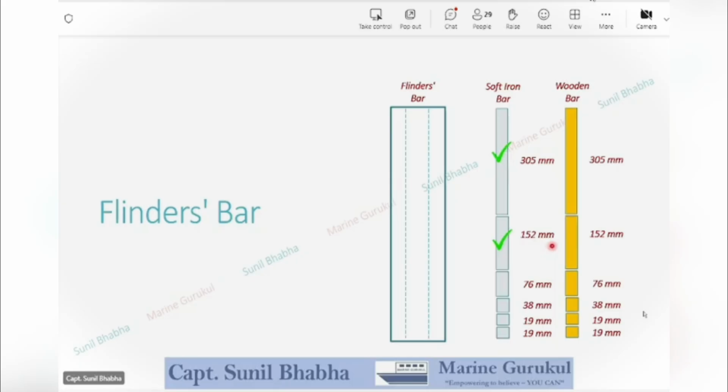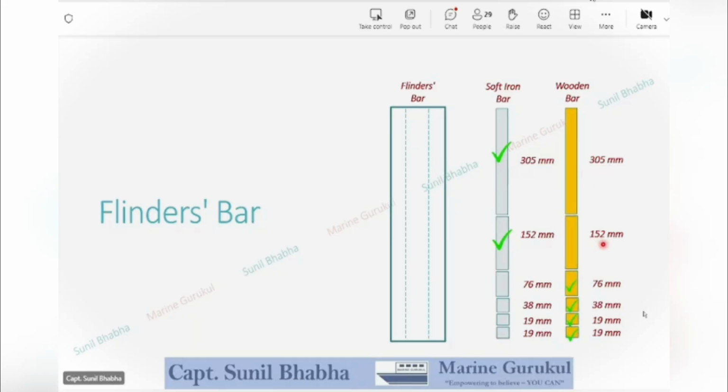What he does now is, leaving these two pieces, 305 and 152, he will pick up all the other pieces of the wooden bar. So you see all these pieces with a green tick mark, other than the ones which are required.